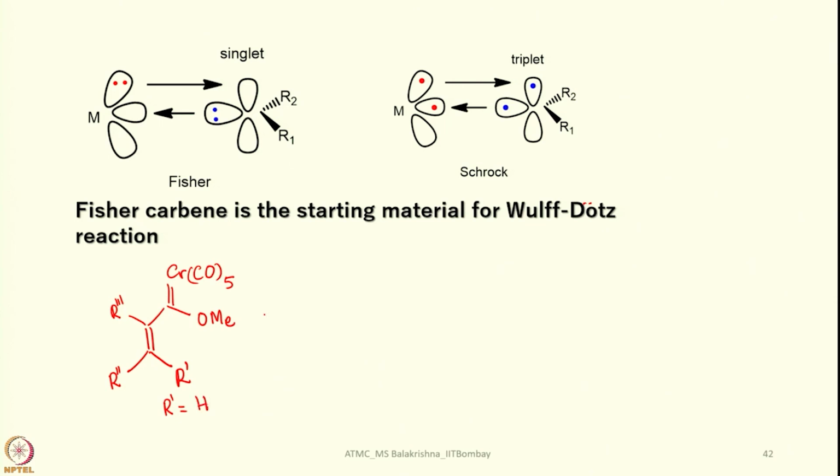When you treat this with a substituted alkyne, here we are using 3 carbon fragments. So this is R4 and then this is R5, so that we know the relative position of each in the product. In this case when you treat it with an alkyne, one of the carbon monoxides comes out from chromium and then we get a cyclization product.